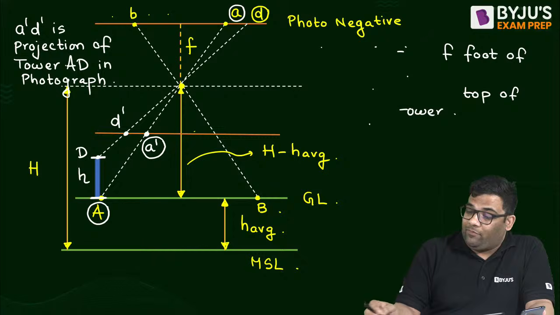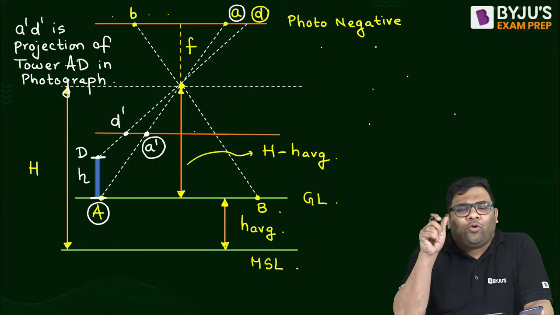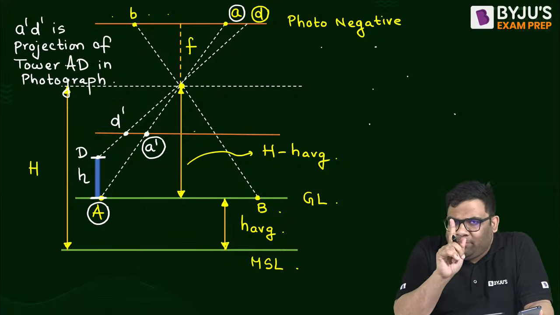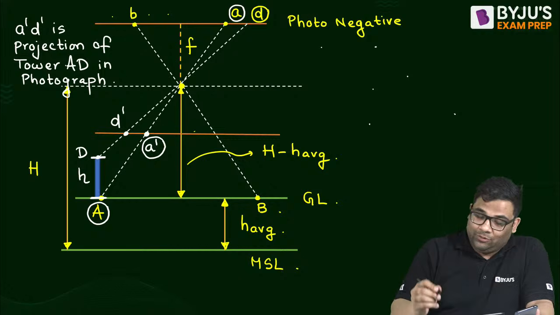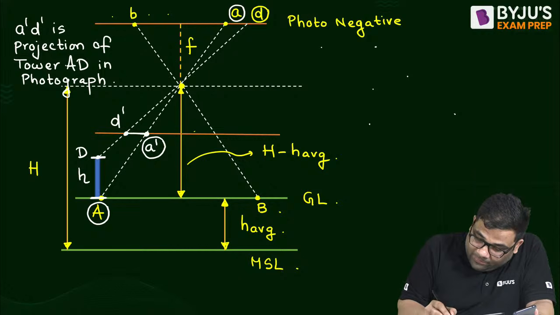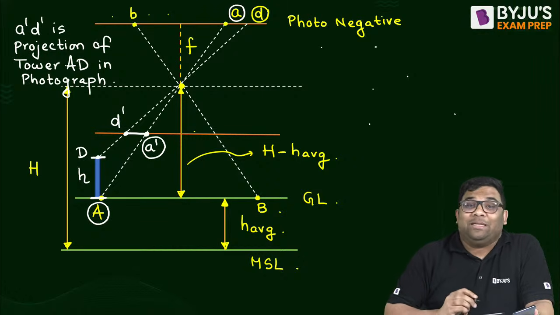So when you click a photo of a tower, it will not be a point, right? It will be a small length, right? Now this particular thing is known as the relief displacement.